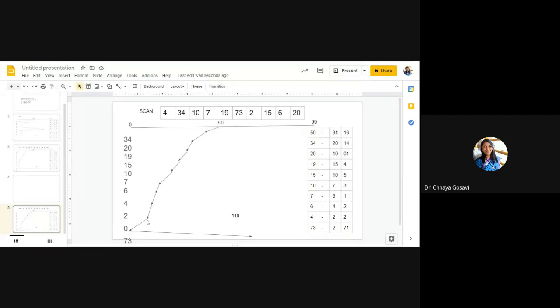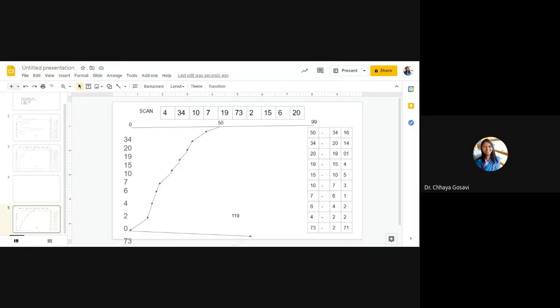So till 2, you can find SSTF is similar to SCAN, but from the second cylinder, it has to go to the leftmost end, that is the zeroth cylinder, and then it changes direction and moves towards the right-hand side, serving requests along this direction. For this particular example, there is only one request, 73, so it will serve that.